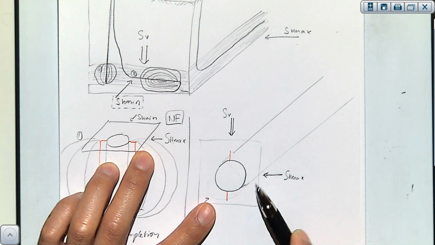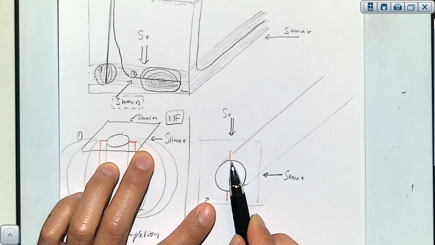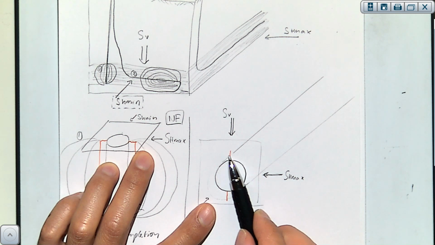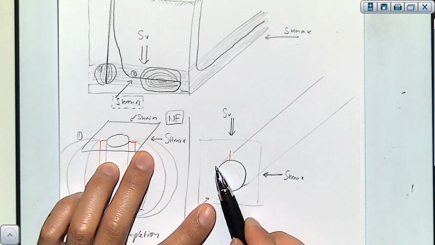Stress is in the direction of the circumference.